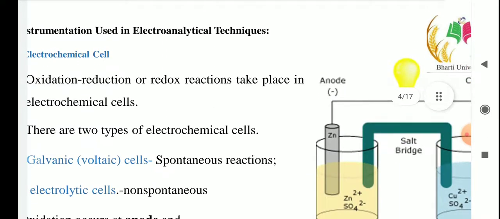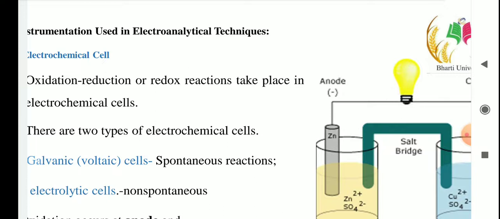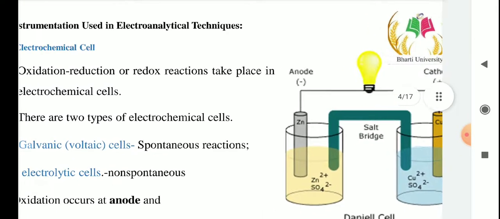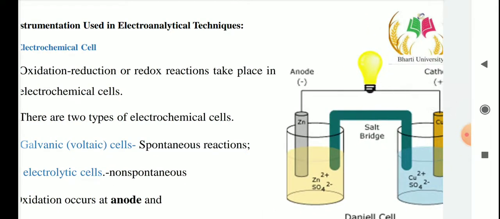So, we come to the instrumentation used in electroanalytical techniques. First of all, I discuss the electrochemical cell. What is an electrochemical cell?